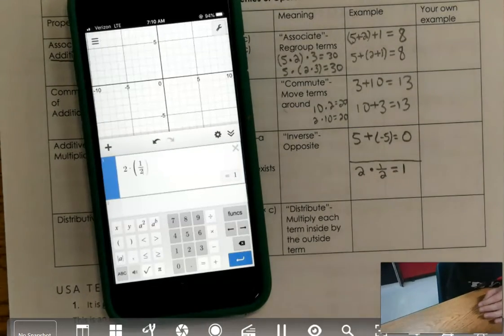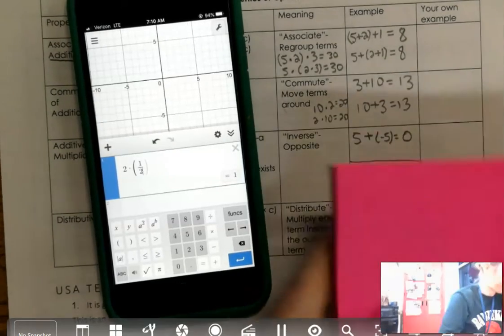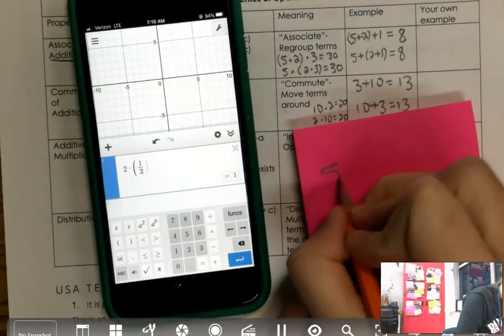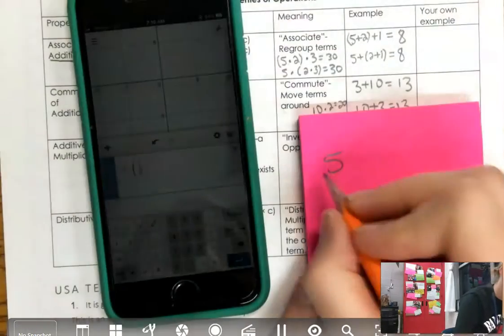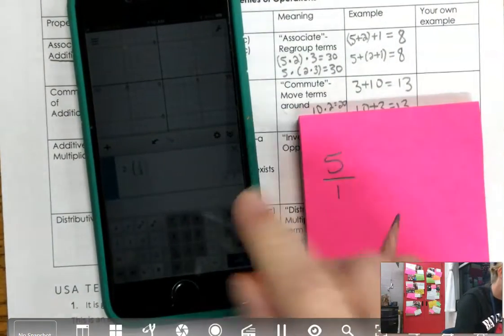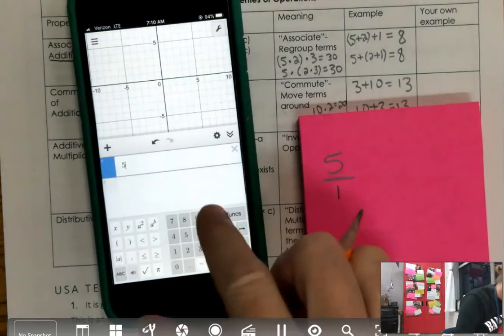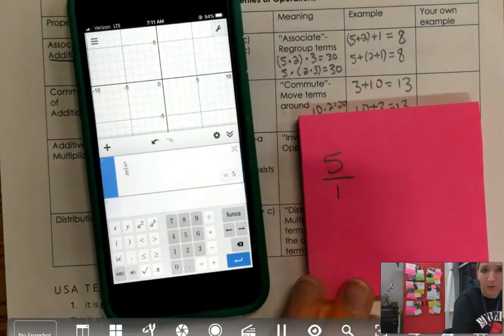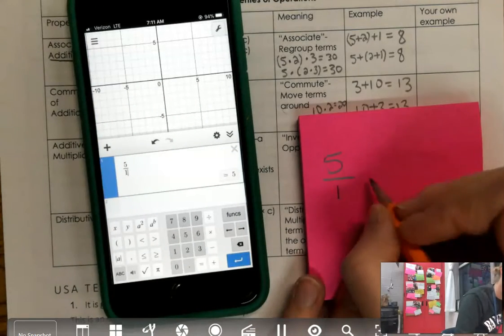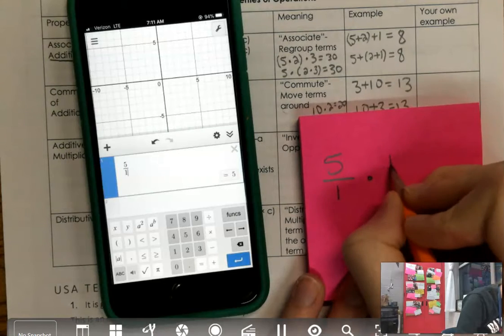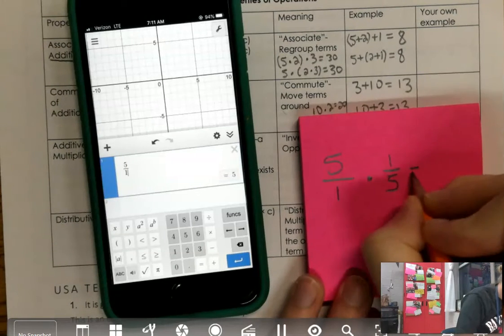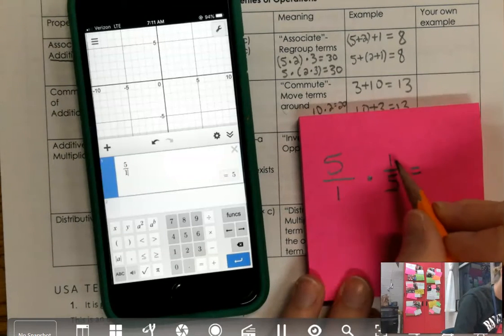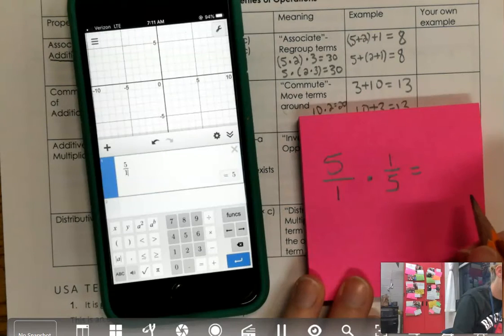So for instance, if I gave you the number 5, you turn 5 into a fraction by writing it as 5 over 1. 5 over 1 is the same thing as 5. 5 divided by 1 is equal to 5. So my multiplicative inverse here would be just the reverse of this. 5 over 1 times 1 over 5.